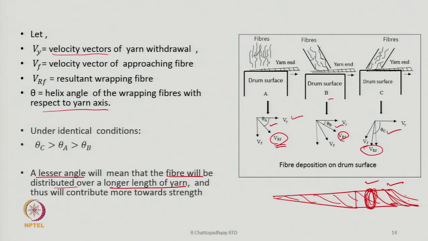That means the fiber extent will be less, the fiber will be wrapped over a smaller length of the yarn, and the fiber will not be able to contribute fully to the yarn strength. Whereas, if they are inclined with respect to the axis to a certain extent, then that kind of wrapping will be better from the point of view of realization of the yarn strength.